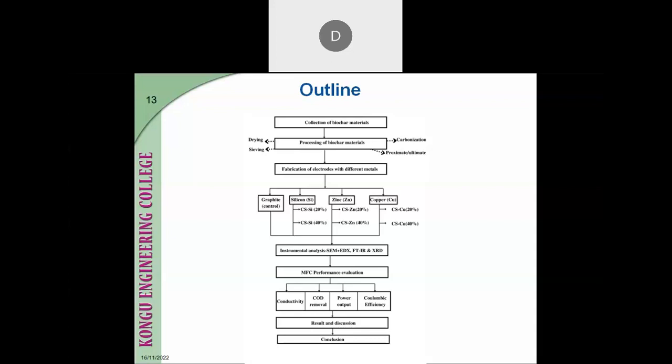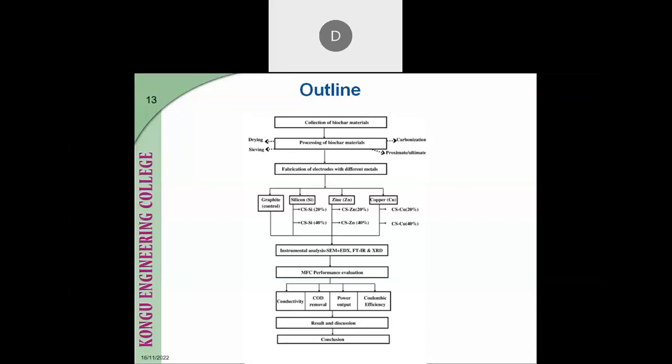If we use pure biochar electrodes, we have discussed the demerits. So, to enhance the stability of the power production and also the conductivity of the electrons, if you mix the metal, it will be quite easy to get good power output.